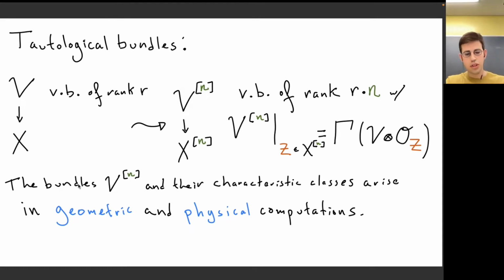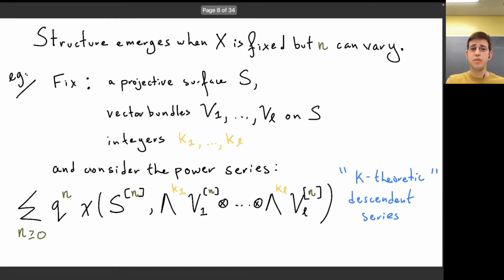So they show up in many different situations. And like with many structures on the Hilbert scheme, nice features emerge when we allow the underlying variety to be fixed, but the number of points to vary. So famously, the Hilbert schemes of points on surfaces carry the action of a Heisenberg algebra once you consider the union over all n. And so here we'll see a different incarnation of this phenomenon.